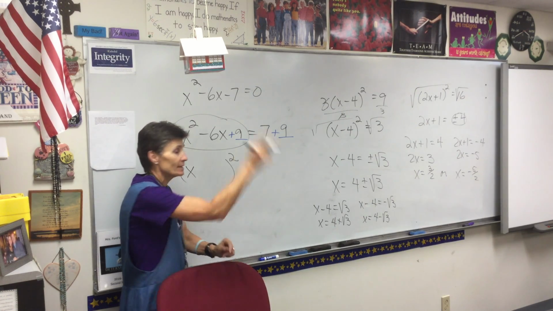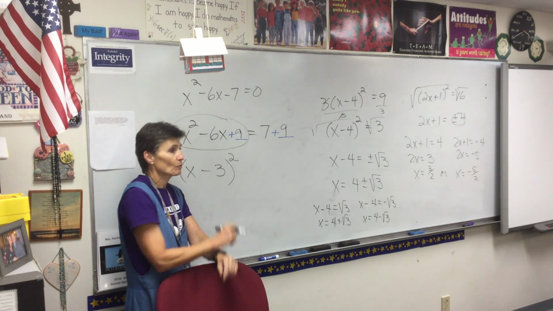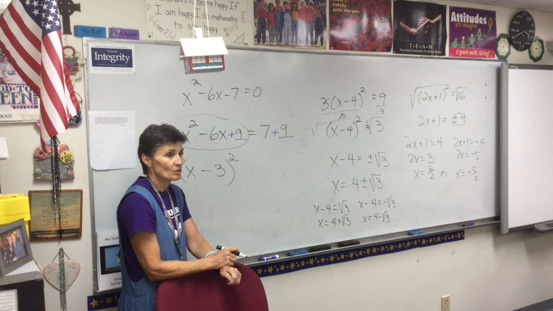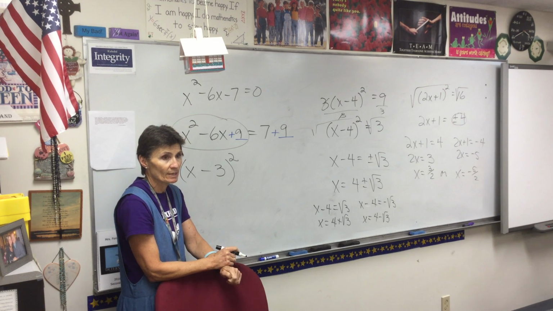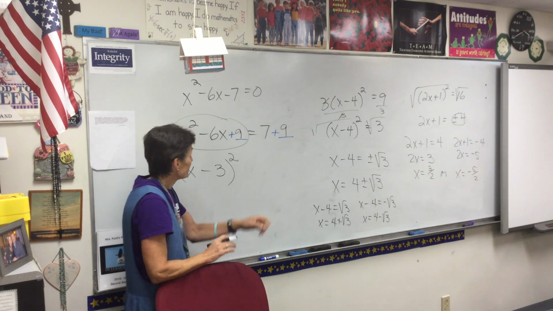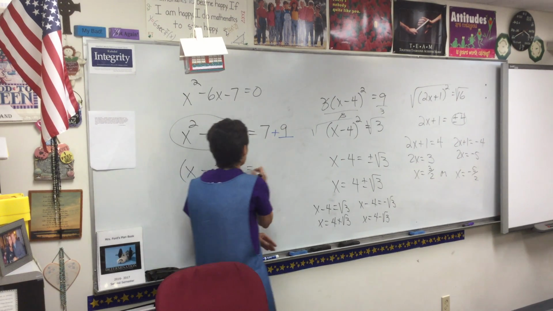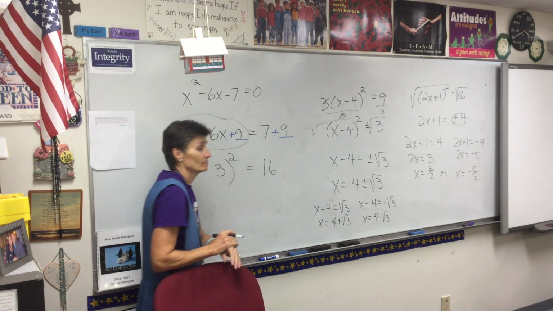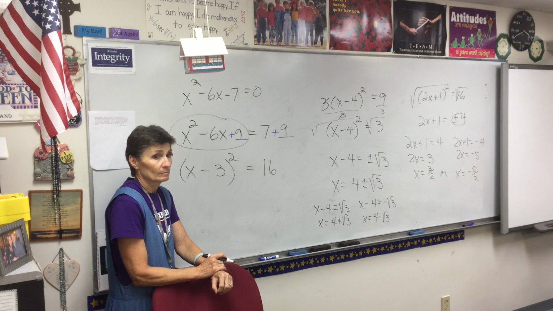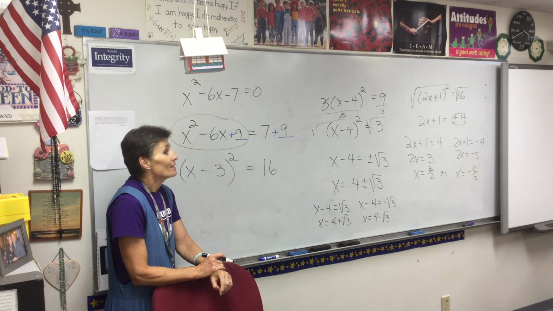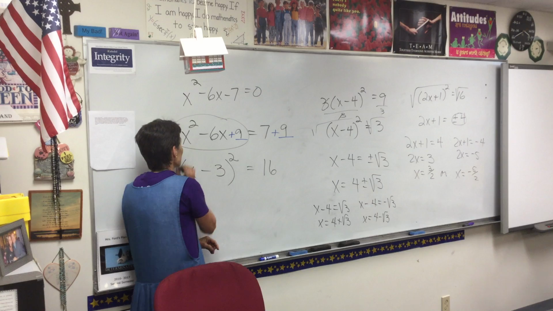X minus 3. Yes, ma'am. You're the factoring queen. X minus 3 times x minus 3. And then this side over here is 16. Is that the only way to write it? Now we square root both sides.